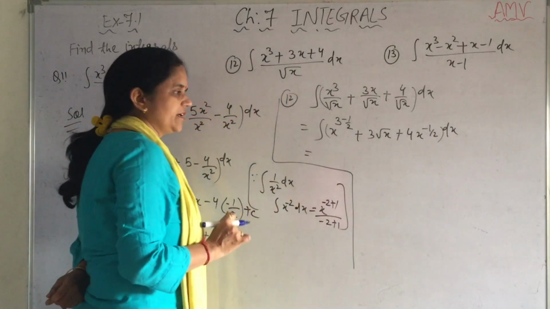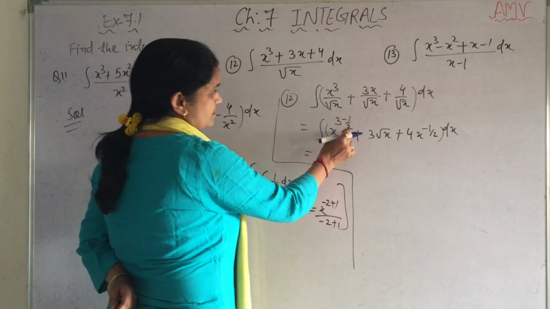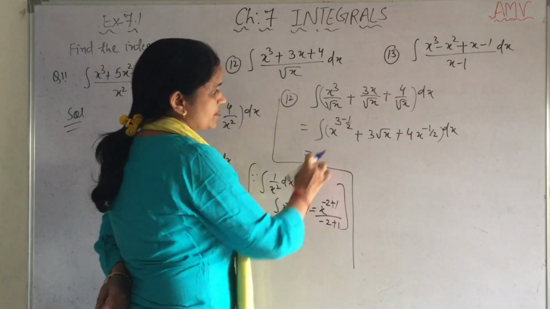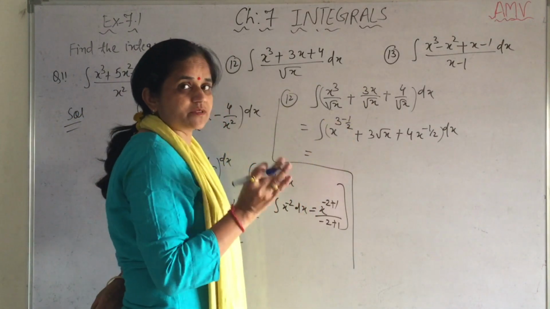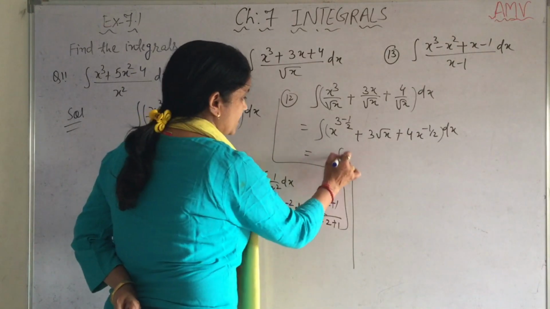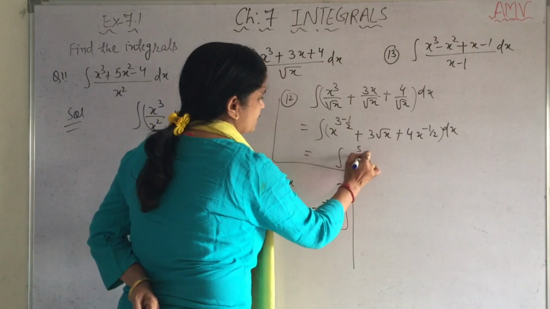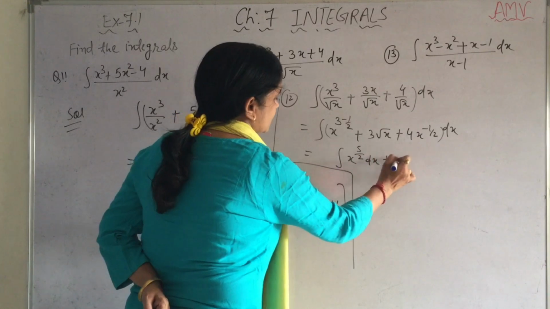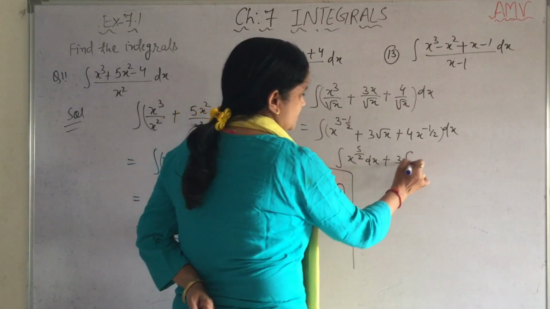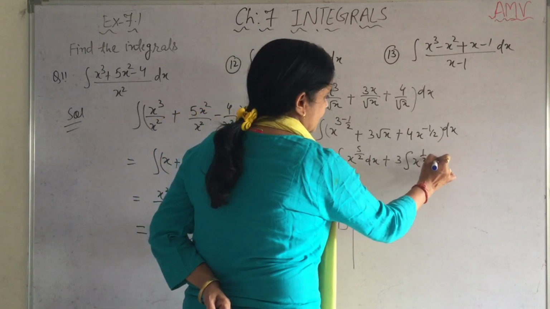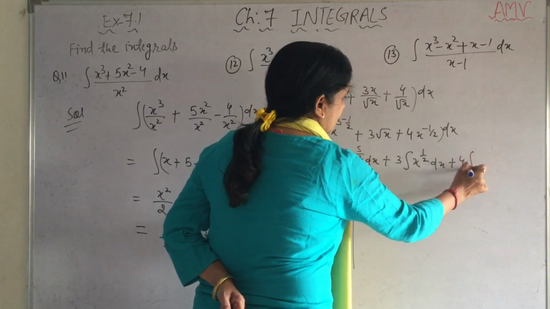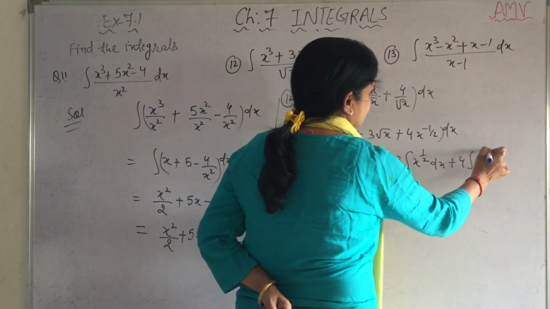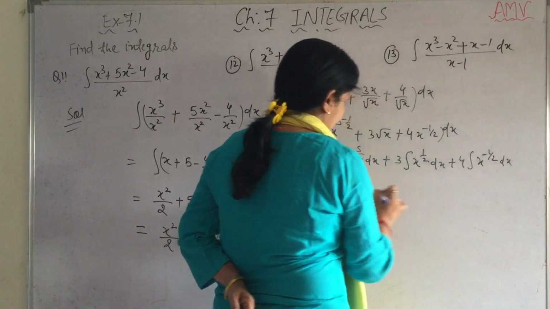And now take integration. Here the power is 3 by 2 of 2s are 6 minus 1, means 5 by 2. So integration of x raised 5 by 2 dx, here 3 integration of x raised 1 by 2 dx, plus 4 integration of x raised minus 1 by 2 dx.